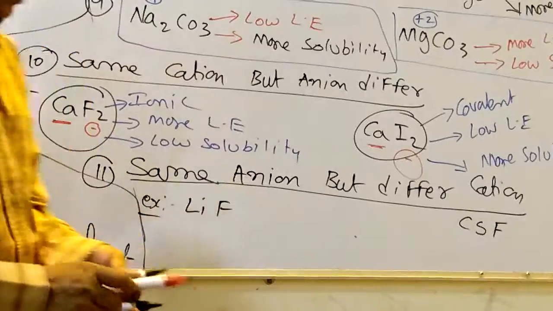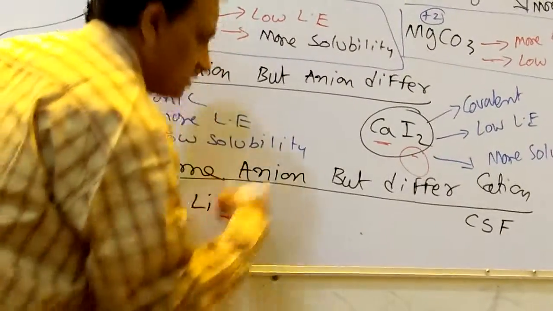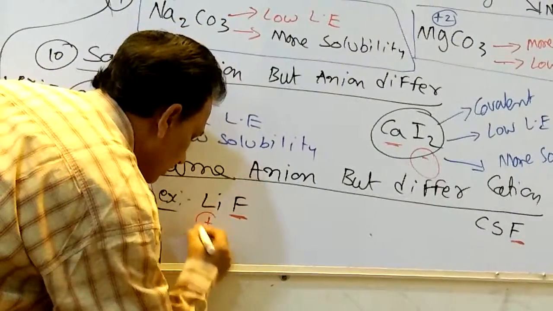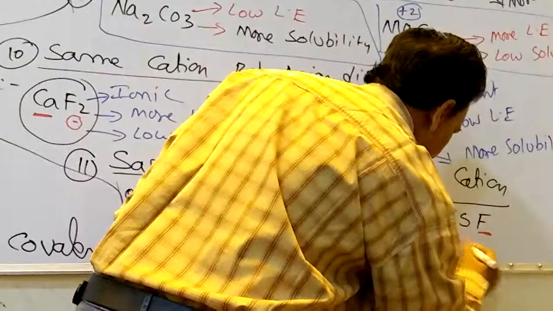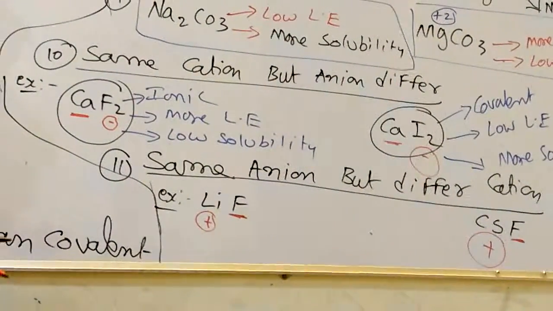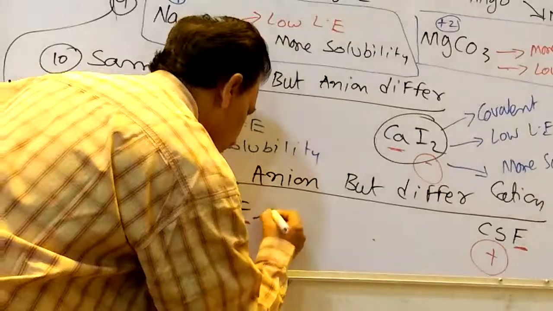Okay. The anion is the same but the cation is different. Here one cation is small, the other is a big cation. Small cation is covalent.